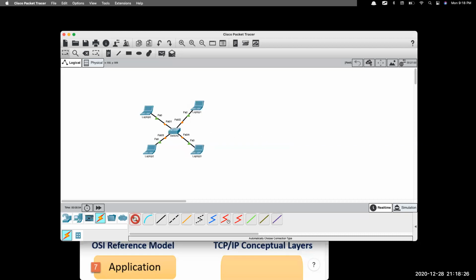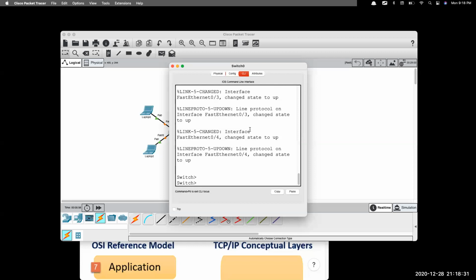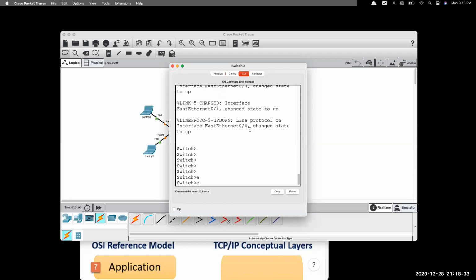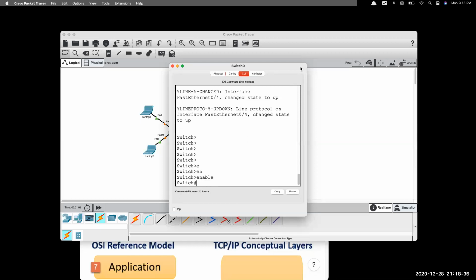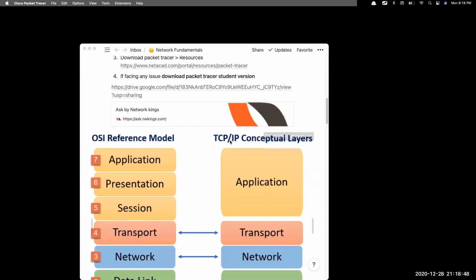You can type the commands of the switch just by clicking here, CLI. So here is the console. You can install this software into your PC and start doing basic labs. So this is the overview of Packet Tracer.